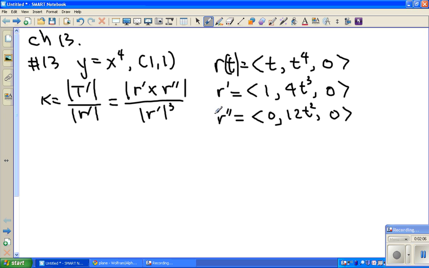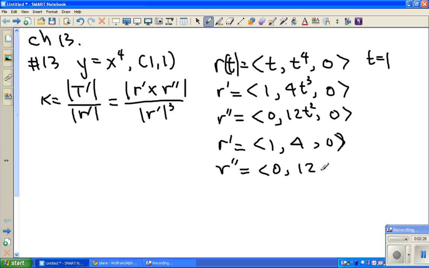Since this point is found when t is equal to 1, r prime becomes 1, 4, 0, where r double prime becomes 0, 12, 0.